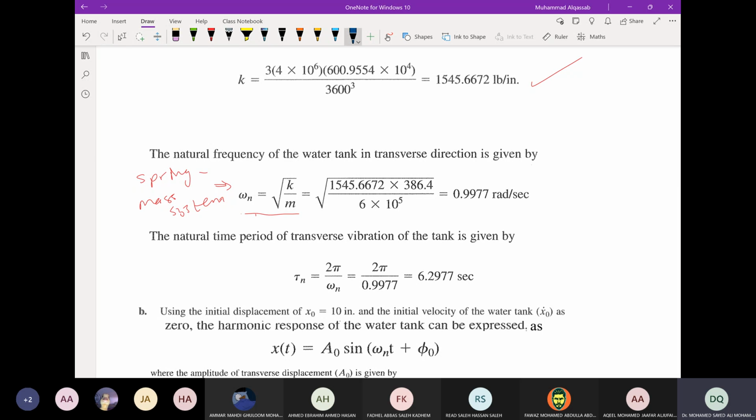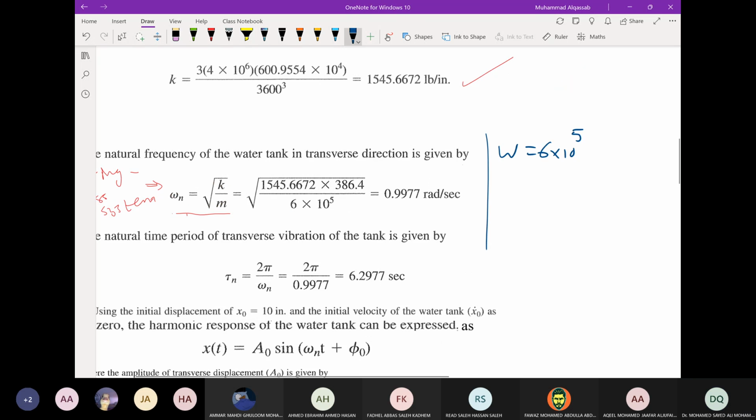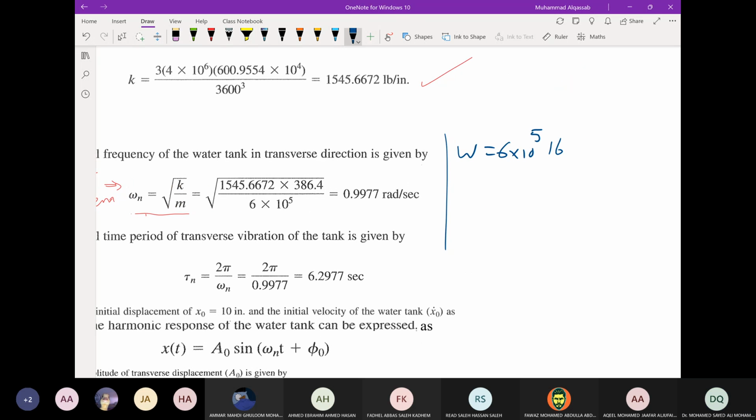We have the weight given equal to 6 times 10 to the power 5 pounds, and we know W equals mg, so from here we can find m equal to W over g. The value of k is given in pound per inch, so g has to be in inch per second squared.